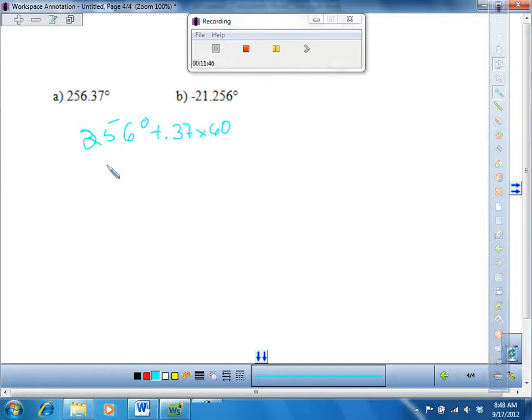So this is 256 degrees plus 22 minutes plus 0.2 of a minute, right? So if I multiply that by 60, I'll get how many seconds it is, okay?